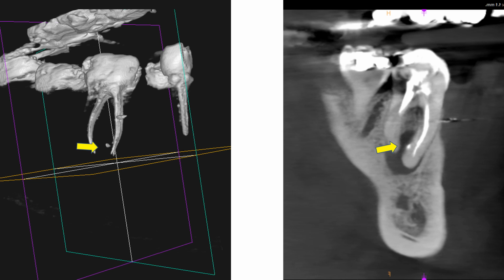This is a huge lesion associated with the mesial and distal roots of a mandibular molar, and you can see the extrusion through a lateral canal. So this lateral canal may be associated with this huge lesion. So it's imperative that we treat this lateral canal in order to have a good outcome.